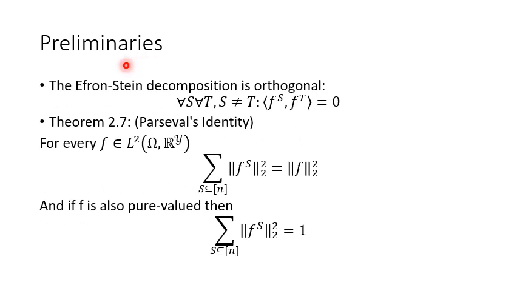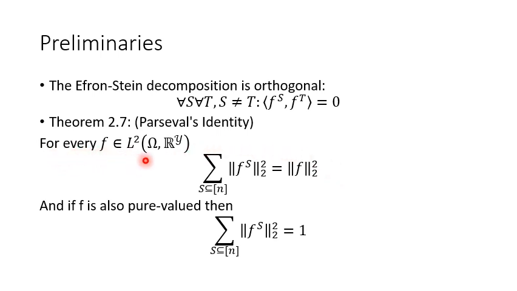An important property of the decomposition is that it is orthogonal. So if we take two functions from the decomposition of f, which are different, so we require that S is not equal to T, then their inner product is 0. Then, because of this orthogonality, we also get Parseval's identity, which is a generalization of the Pythagorean theorem for functions.